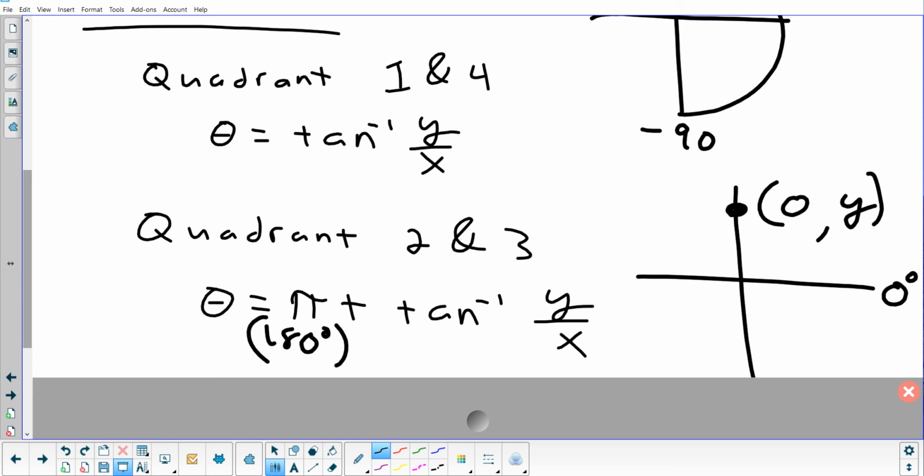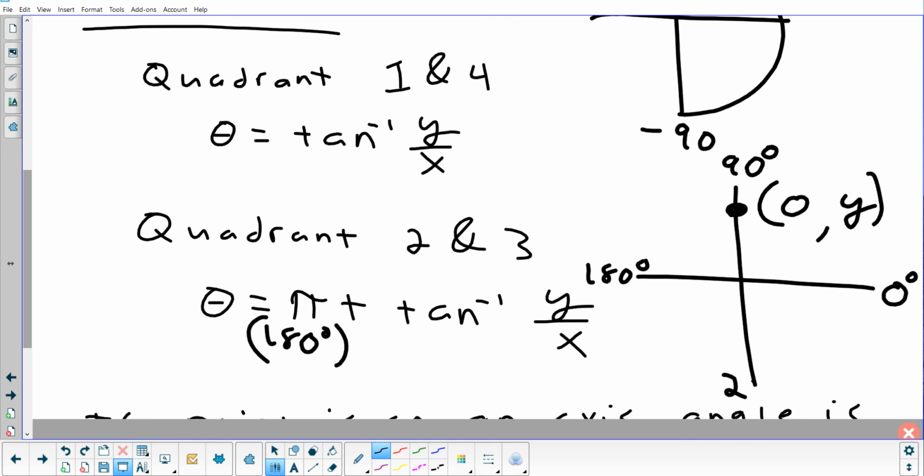If you're on the right, it's 0. If you go up, it's 90. Left is 180. And down is 270. Those are 4 special cases. Now, that covers everywhere you could be. In a quadrant, you've got a formula to figure it out.